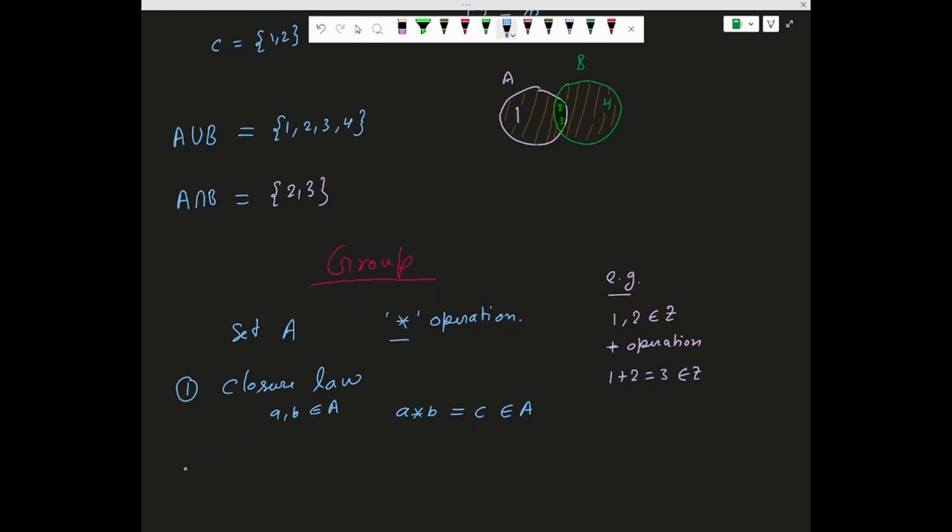Then we have another thing, that is, it must be associative, right? Associative, or associative property, whatever you call.